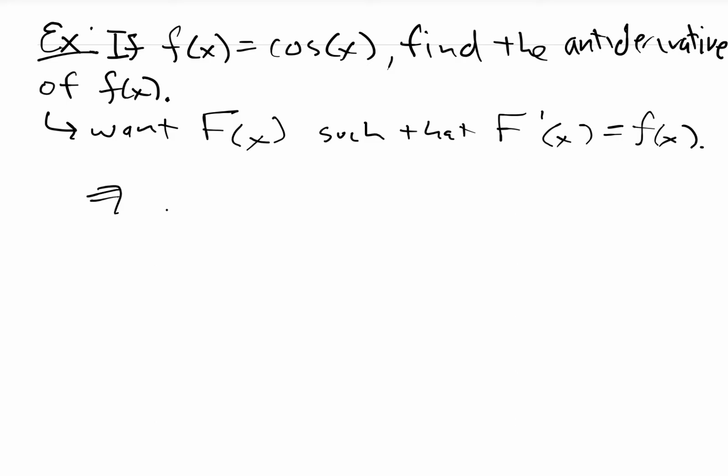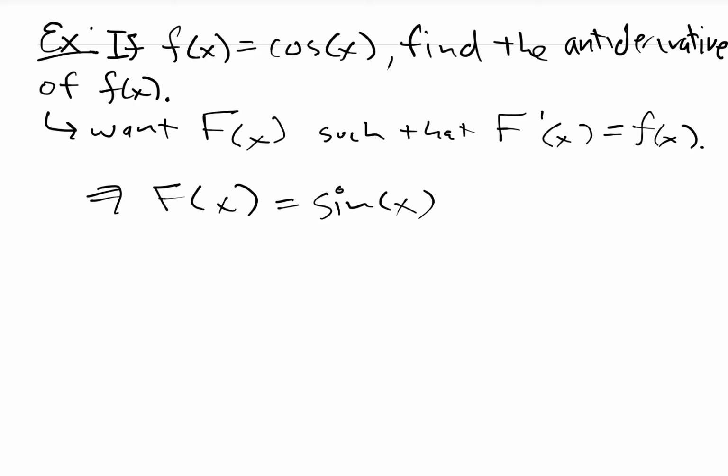This implies that my capital F should be the sine function, because if you take a derivative of this guy, you take capital F prime, and you get cosine of x, right? Now, this is not quite a full answer for this question, because of that silly theorem that we just mentioned on the past page.